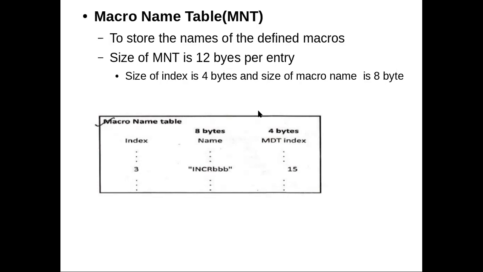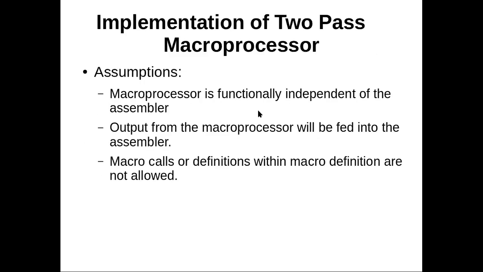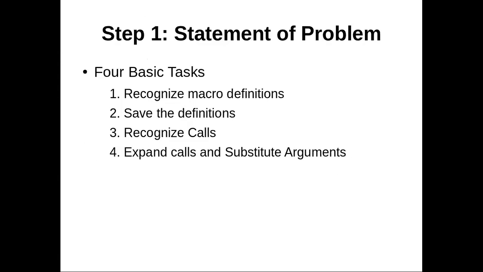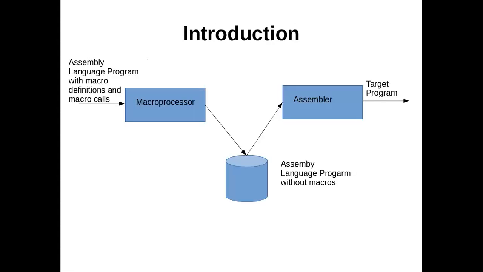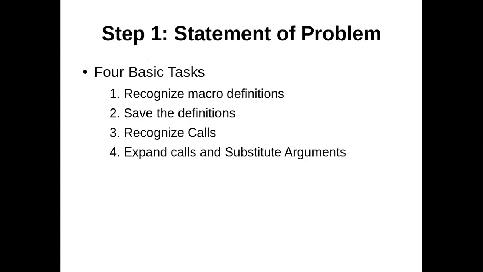That's all for today's class, and we will conclude here. We were discussing the implementation of the macro processor. We have seen what a macro processor is. It will expand our program and generate a program without any macros. And we have seen the steps in that. First, specification of the problem, that is understanding what tasks are to be performed by the macro processor.